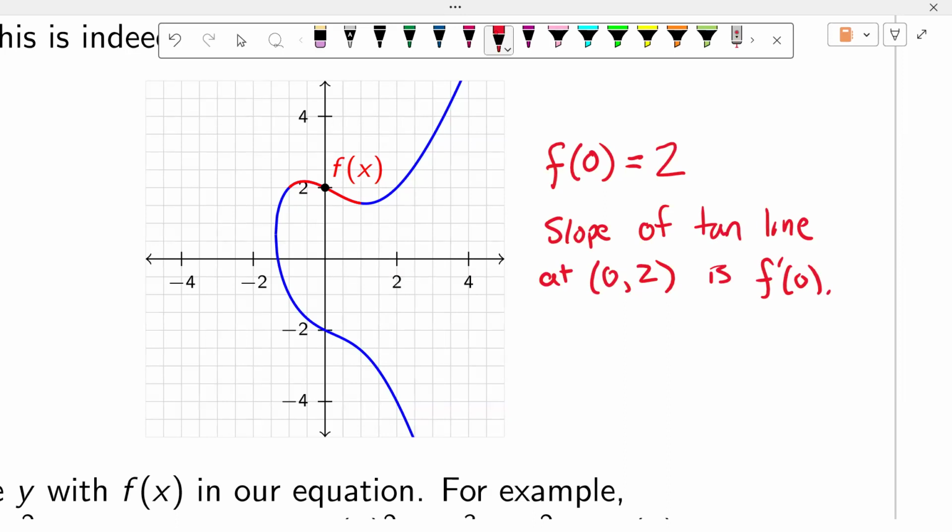Do you buy that? I have a little function f of x, and this point (0, 2) occurs when I plug 0 into my f. So whatever the derivative at 0 is, that's going to give me the slope of the tangent line at this point.